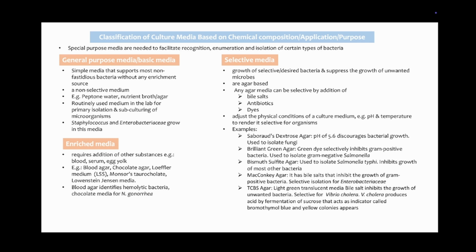When the bacteria ferment lactose, they produce acid and change the pH indicator, phenol red, into red. That's why coliform colonies are reddish, because they ferment lactose, reduce the pH around the colony, and it becomes red.